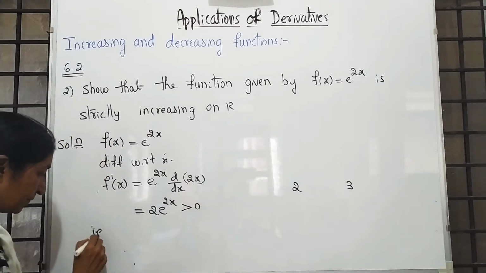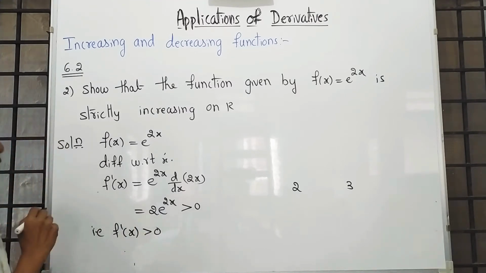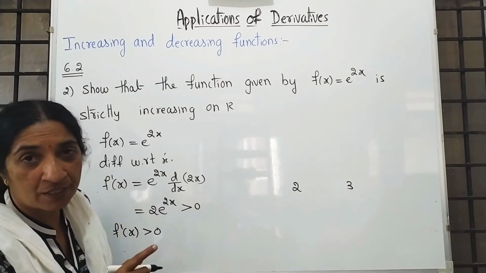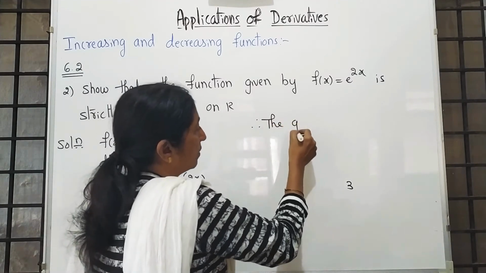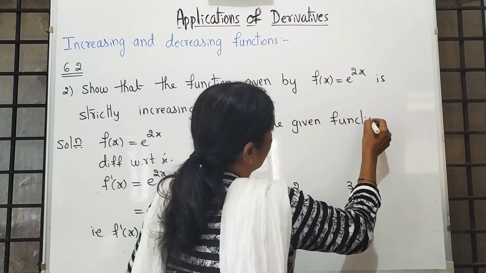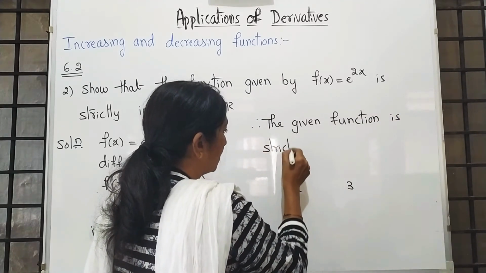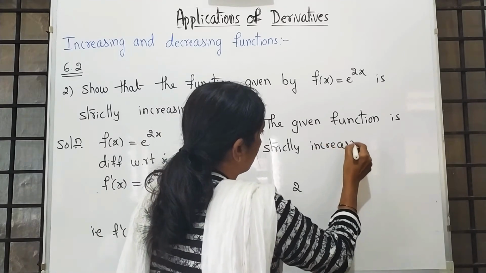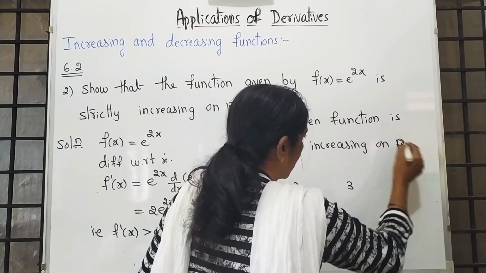That is, f dash of x is greater than 0. If the first derivative is greater than 0, then the function is strictly increasing. Therefore, the given function is strictly increasing on R, that is set of real numbers.